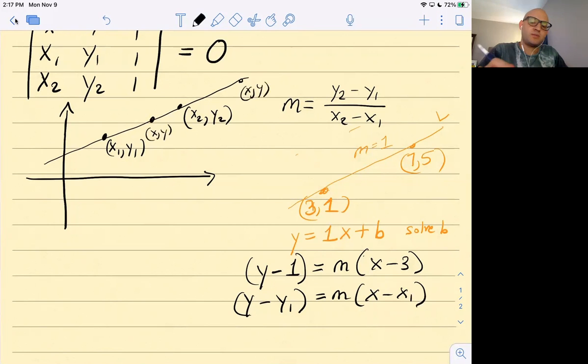This expression is saying the ratio of y minus y1 to x minus x1, so the ratio of the vertical leg to the horizontal leg, is equal to the slope. We have a bunch of similar triangles, so anywhere we pick an x, y that satisfies this equation, it's got to be on the line.